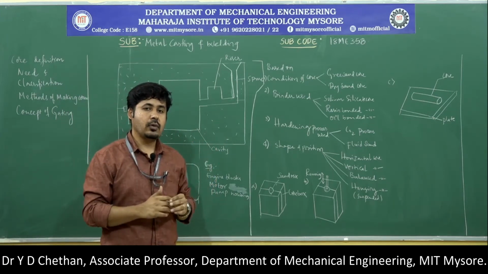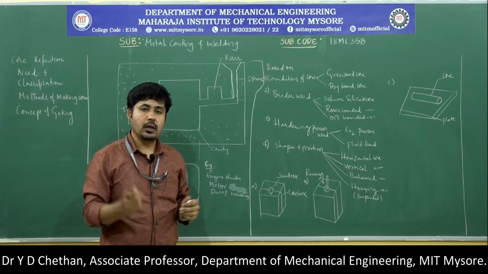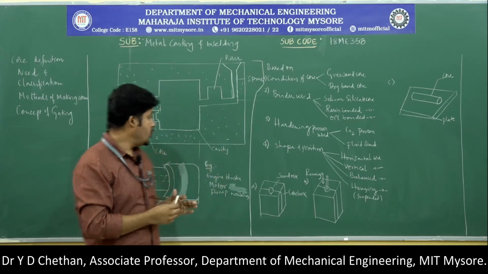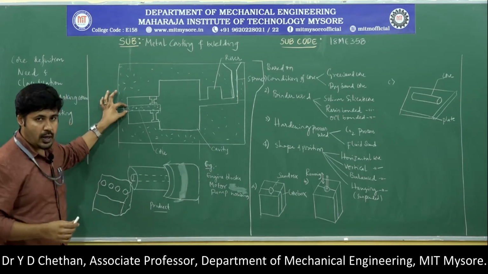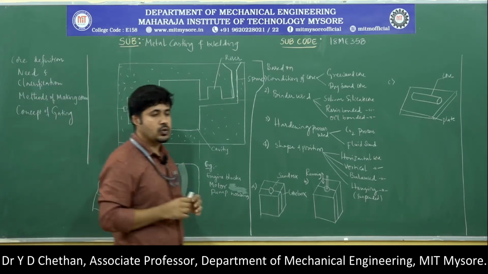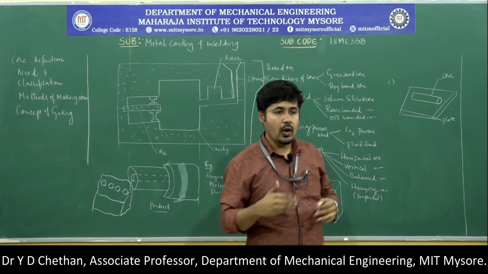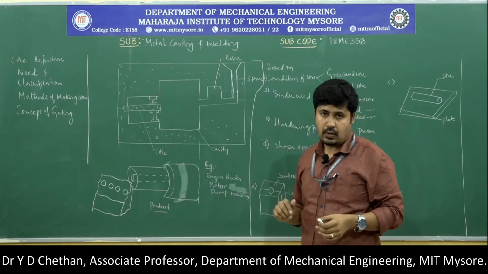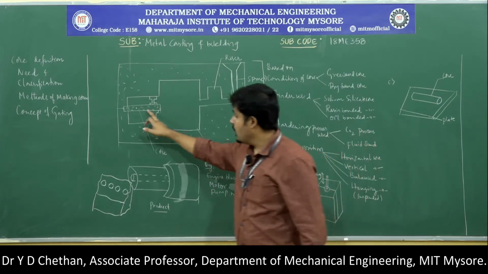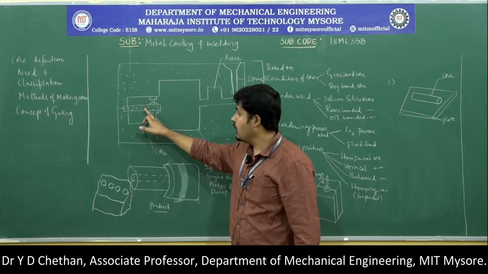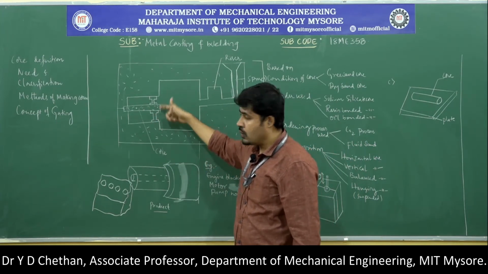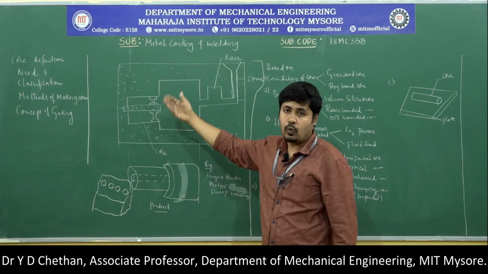If I want a hollow shape in the solid cast, then we need a core. As I said earlier, the function of the core is to provide a hollow shape inside the solid casting. So here we have inserted the core, and then this core is surrounded with the hot molten metal.